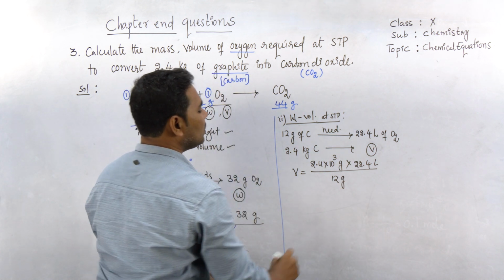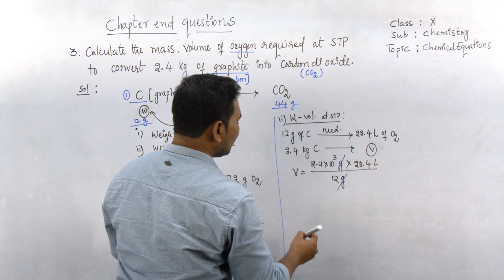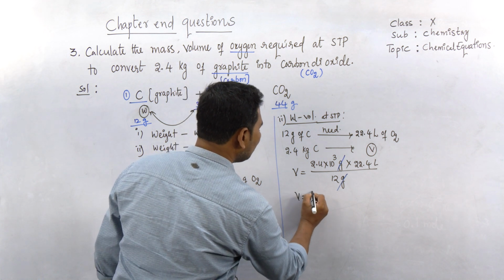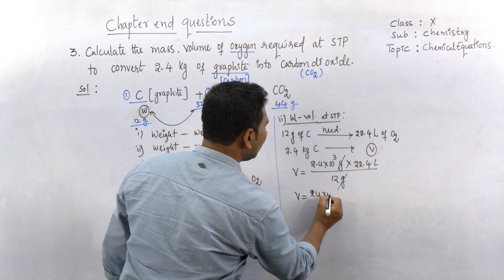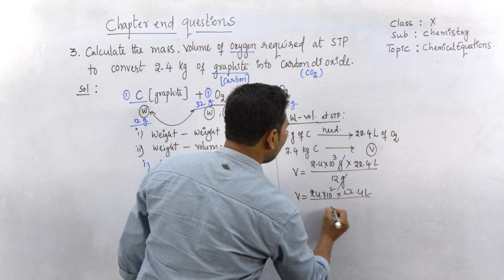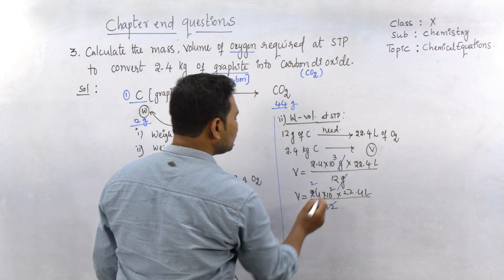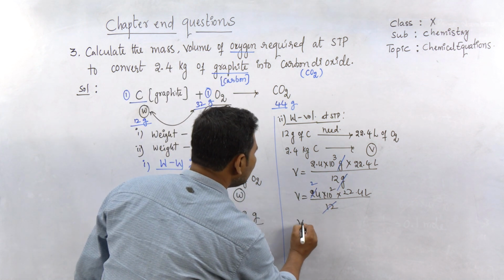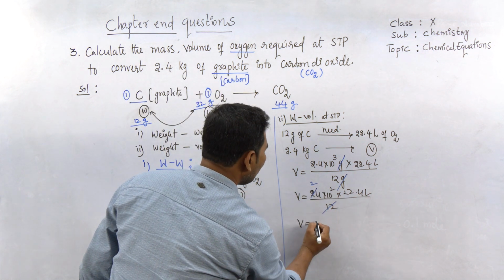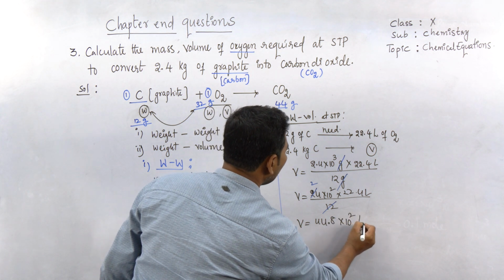Now let's cancel out the units. This gram gets cancelled, right? This can be written as V is equal to 24 into 10 square into 22.4 liter by 12. Then 12 ones are 12, 12 twos are 24, so V is equal to 2 into 22.4, which is 44.8 into 10 square liter.